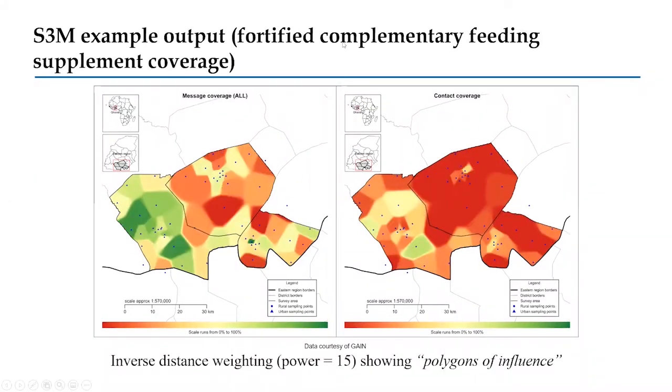There we are. So what we've done here is use a very high power, and this creates Voronoi polygons, which gives you the area around each point taking the value at the point where we measured it.